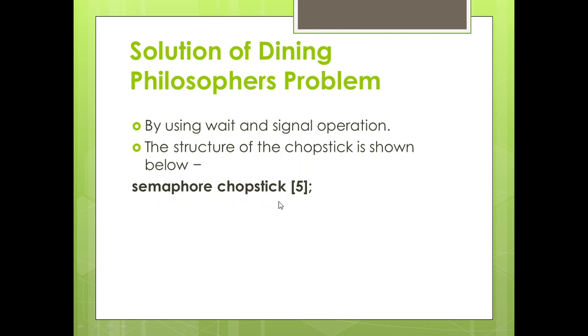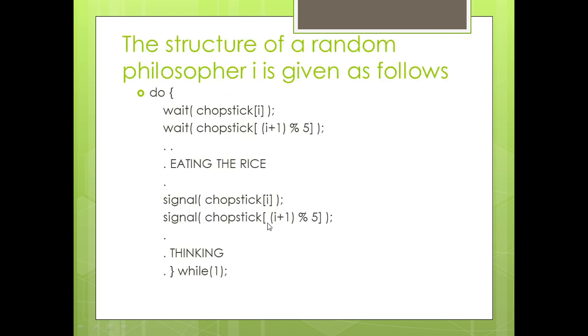A chopstick can be picked up by executing a wait operation on the semaphore and released by executing a signal operation. The structure of chopstick is shown here: semaphore chopstick[5]. Initially, the elements of the chopstick are initialized to 1 as the chopsticks are on the table and not picked up by any of the philosophers.